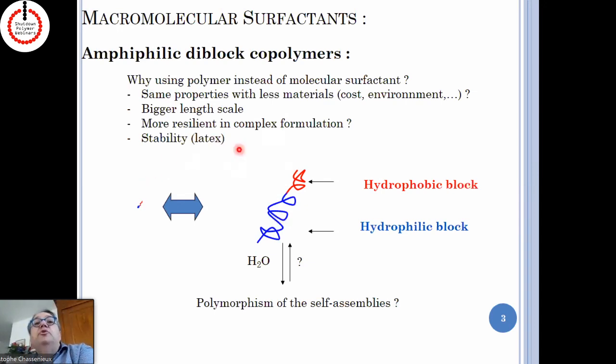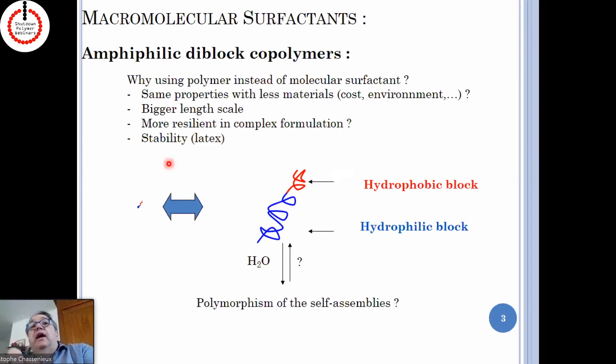So what is the main purpose in replacing surfactants by block copolymers? You can achieve exactly the same properties, but with far fewer molecules, which is better from the cost point of view for a given application. It's also much better for the environment.